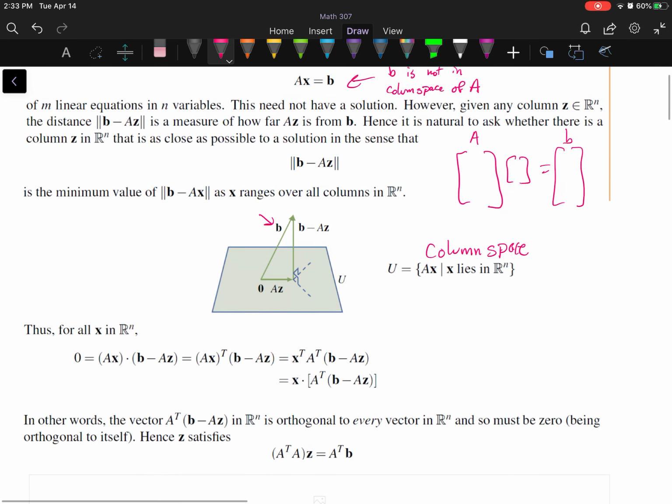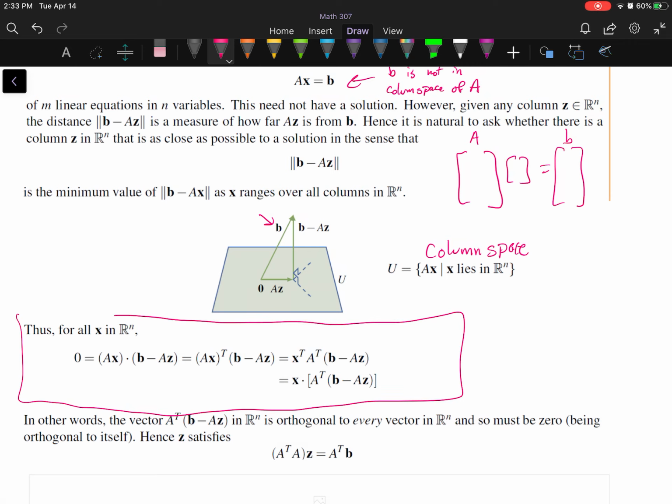This is still review from that activity. You can remember that we set the column space orthogonal to this vector that goes from the vector B to the column space, this one. Since we set that dot product equal to 0, we have orthogonality.